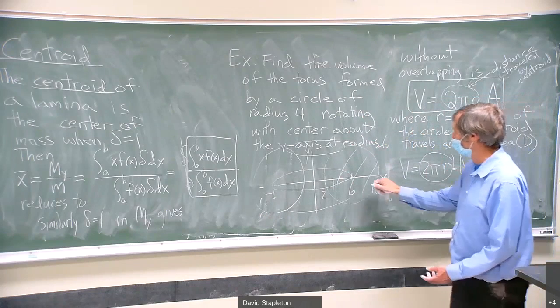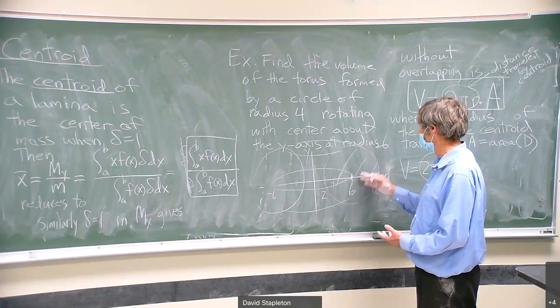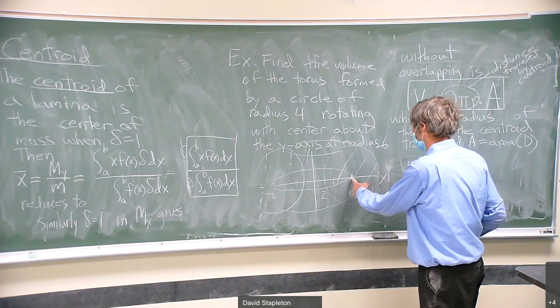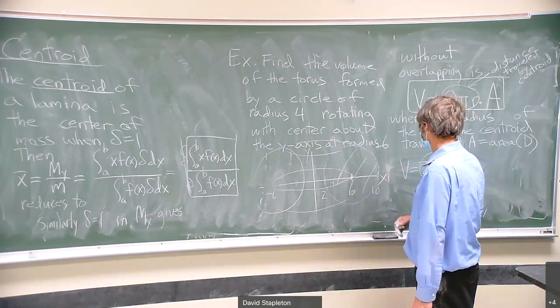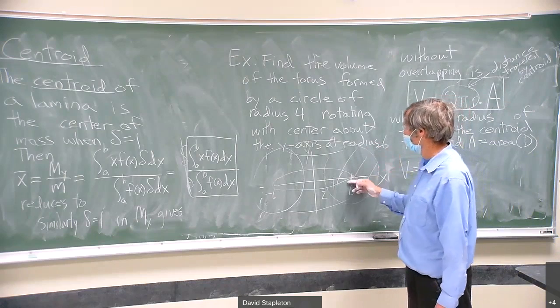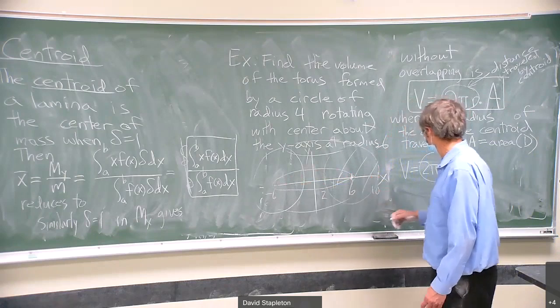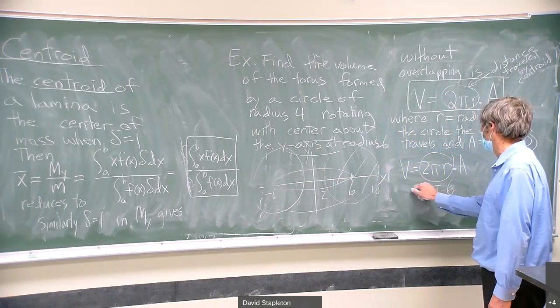For a circle, the centroid is right in the middle, right? The centroid is the balancing point using constant density. But we're using the centroid. So the centroid is at 6 here, and the point at 6 travels a circle of radius 6. So this is 2 pi, centroid travels a radius of 6.